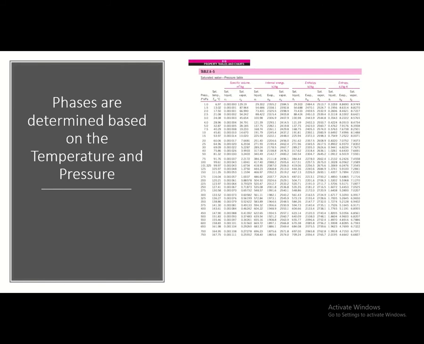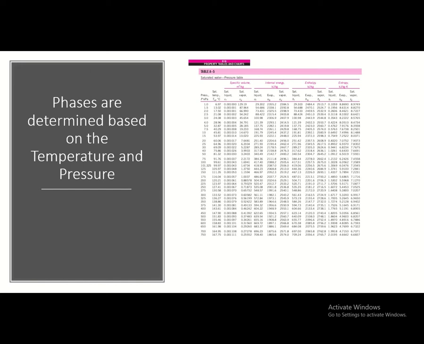Well, if you want to think about how pressure affects the state of a substance in general, you need to think about the shape that I showed you in the three figures.